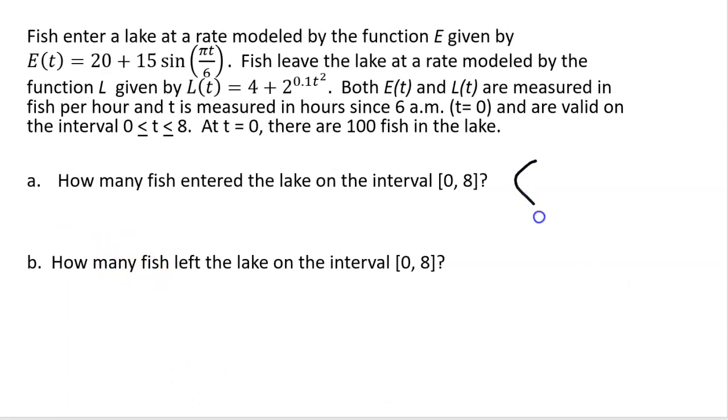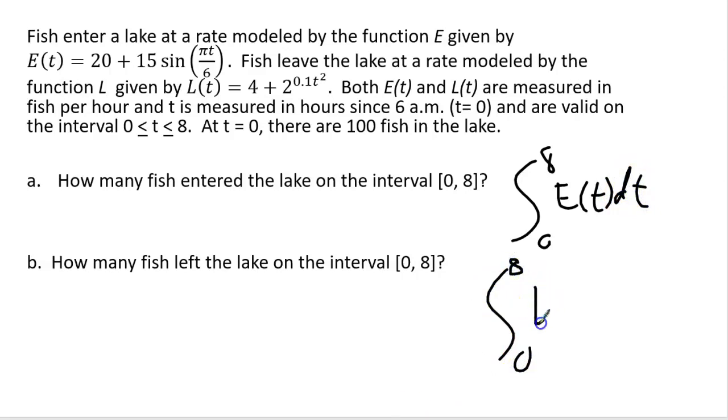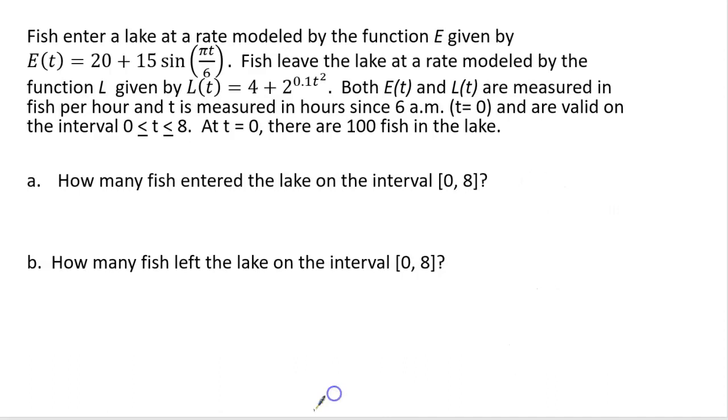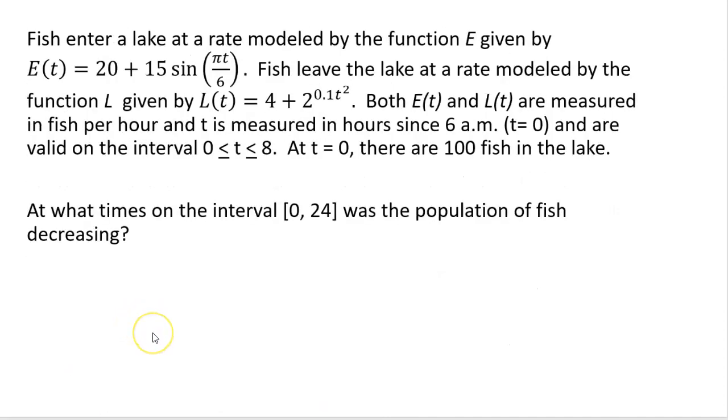So for this one, it's going to be the integral from 0 to 8 of E. And the next one's going to be the integral from 0 to 8 of L. And once again, you're just going to punch these into your calculator and get your answers. I'm going to skip the calculator work here because I think you know how to do it at this point, but that's the idea. All right, let's move on to the next part.